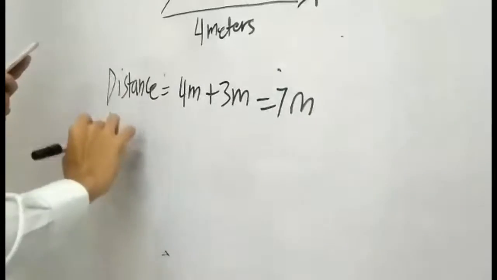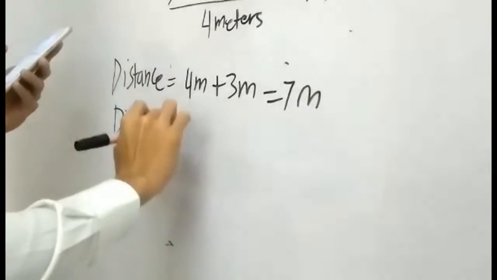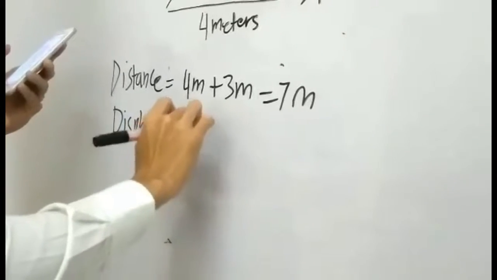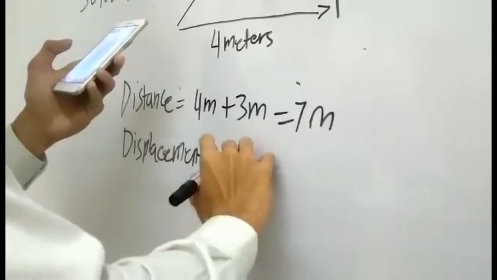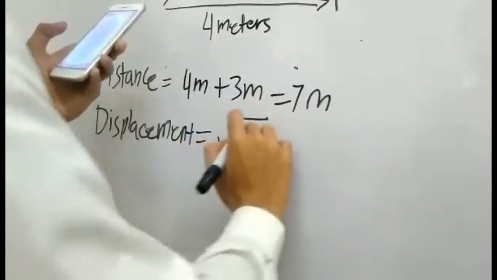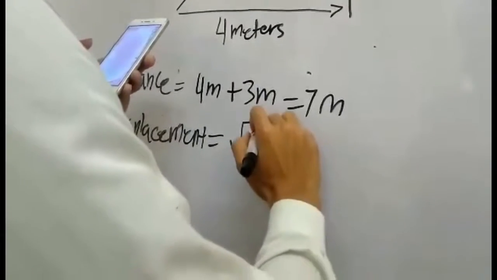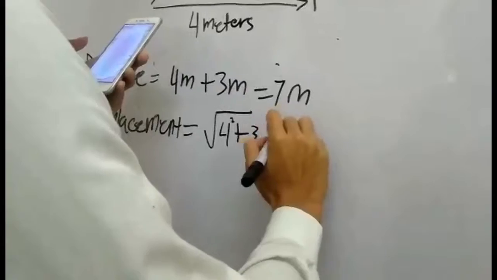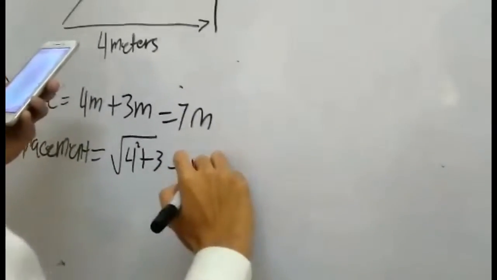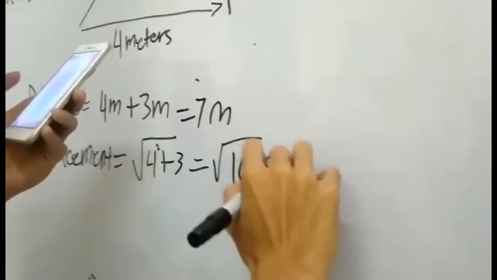Then the displacement is equal to the square root of 4 squared plus 3 squared equals 16 plus 9.